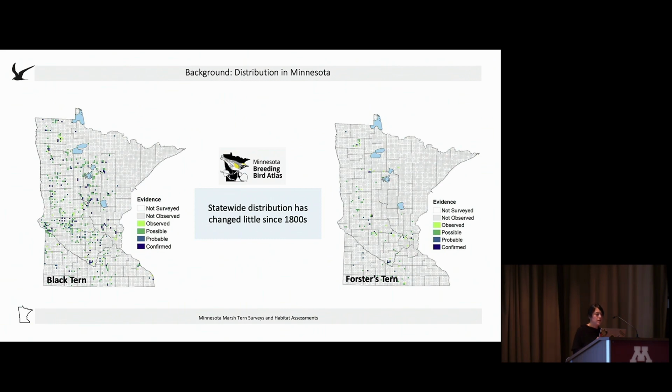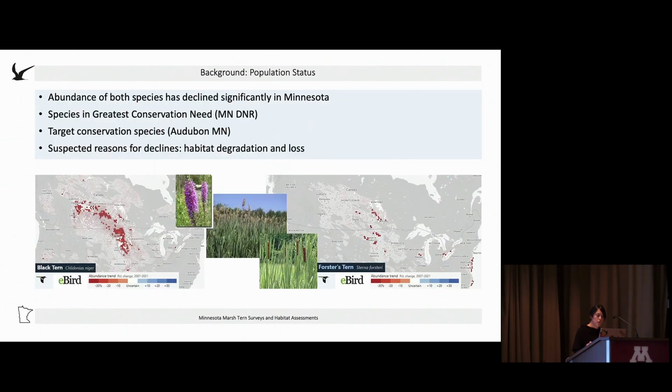But basically, the statewide distribution for both species has remained relatively the same over the last 100 years. But what has happened is that the abundance of the species has been significantly declining in recent decades. These are just maps from eBird, which have their trend maps available now, a really useful tool to look at.